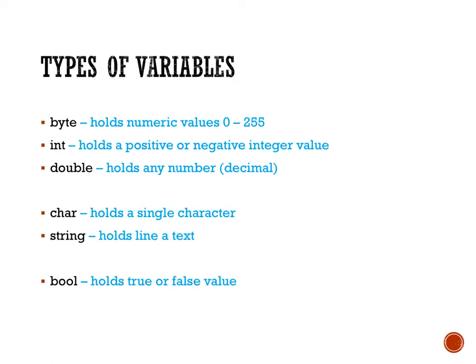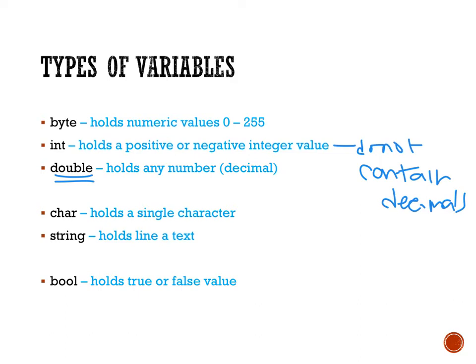Then you have ints, which hold positive or negative integers. So if you know that you're going to use positive or negative numbers that do not contain decimals, that's what the integer values hold. So note from here, they do not contain decimals. And that is because the double here holds any type of number including a decimal.